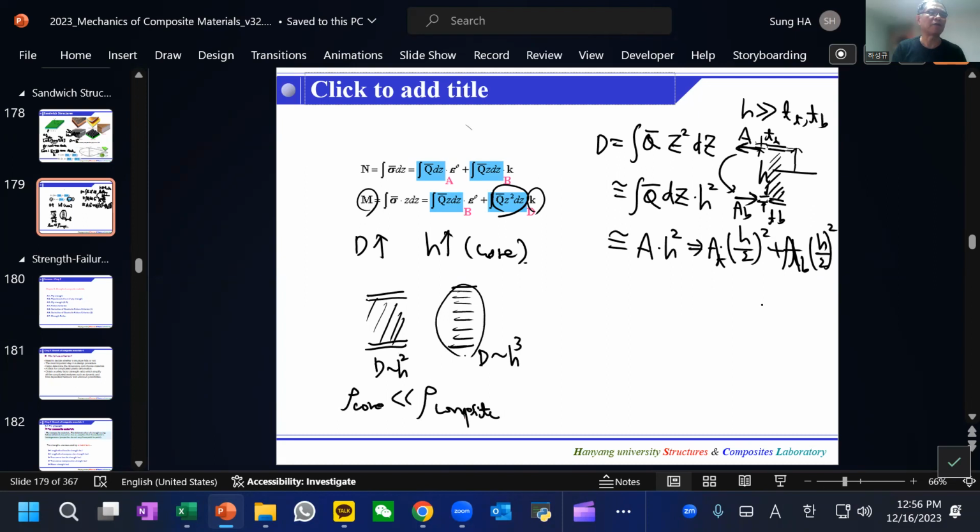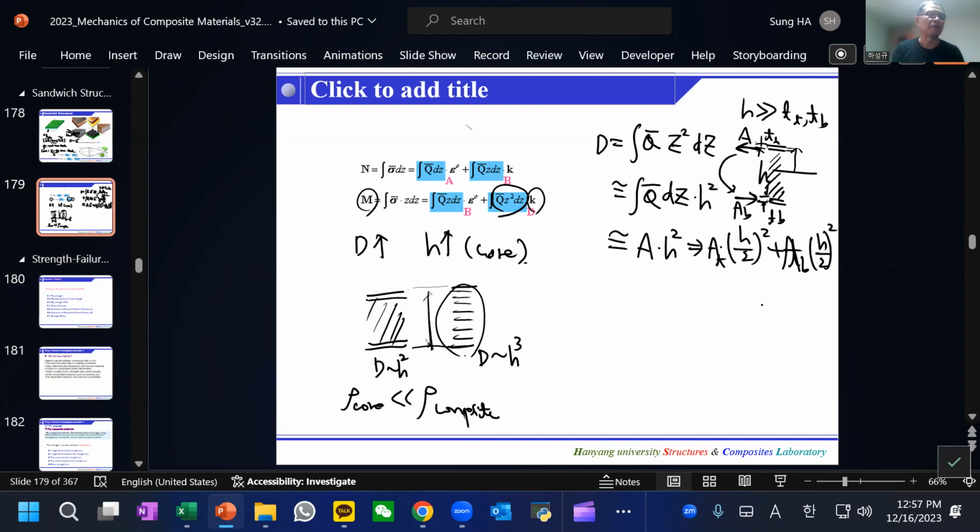And besides, as you can see, if we like to have this same thickness of the total laminate, you can imagine how costly it will be, and the weight will be a lot increased.